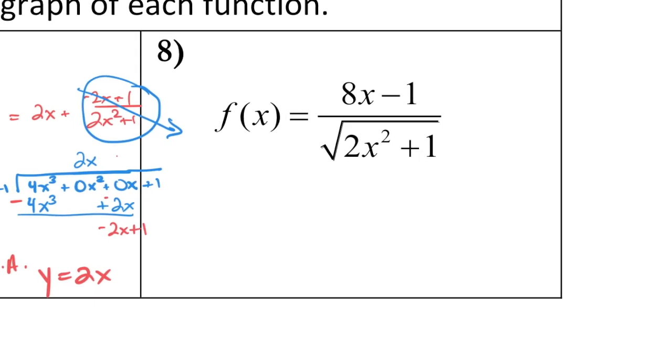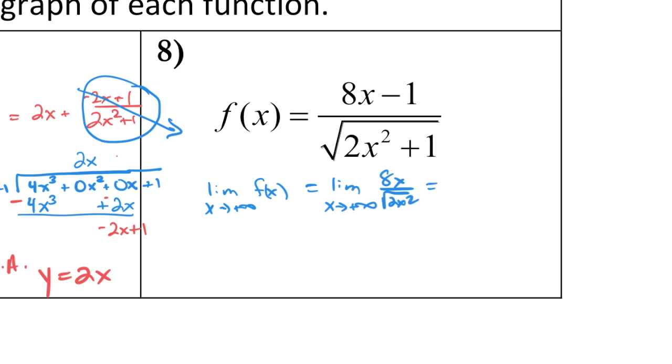Now, question number 8. If you take the limit as x goes to positive infinity for f of x, you will end up with a couple of different things happening. You drop your lower order terms, which leaves you with the limit as x goes to positive infinity of 8x over the square root of 2x squared.